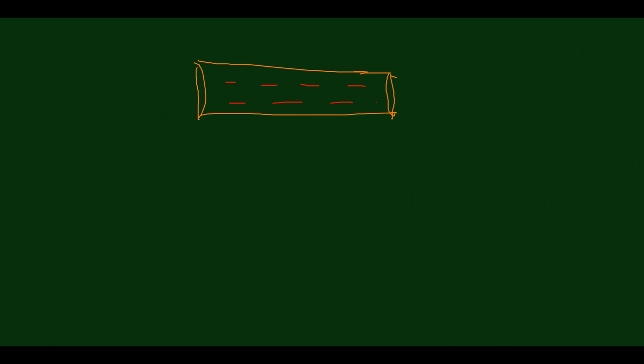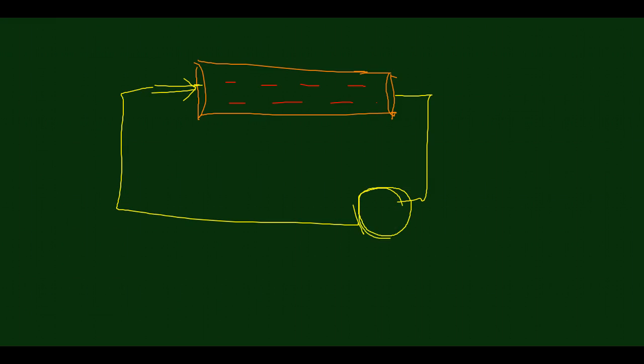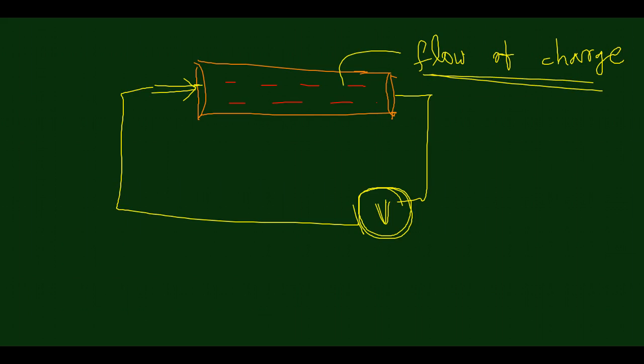Whenever I apply a forcing element here, say some voltage, there will be a flow of electrons, flow of charge. If we apply force in this direction, they will flow in this direction, so there is flow of charge in a particular direction.